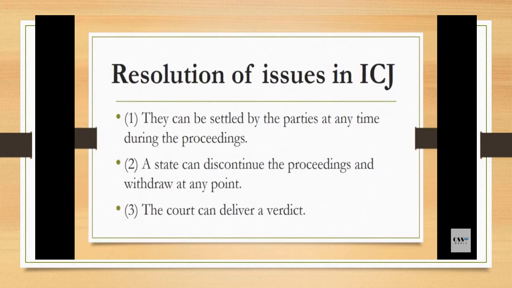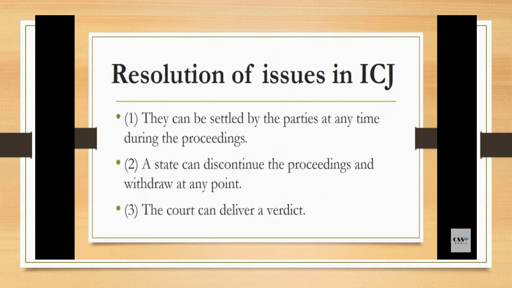Like if a state feels that their matter is not being discussed properly in the International Court of Justice, or they don't feel confidence in the decisions of the court, they can simply withdraw their case at any point.